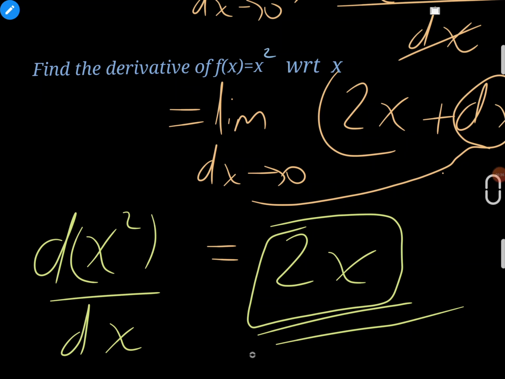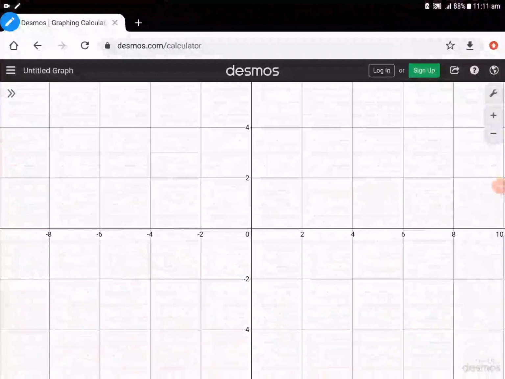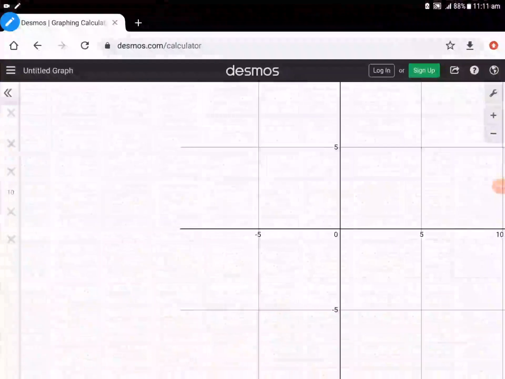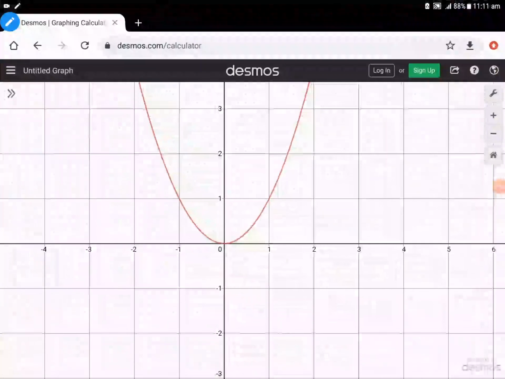Now let me just try to show you what we just did. So let us look at this. This is the graph of x square, the function x square.